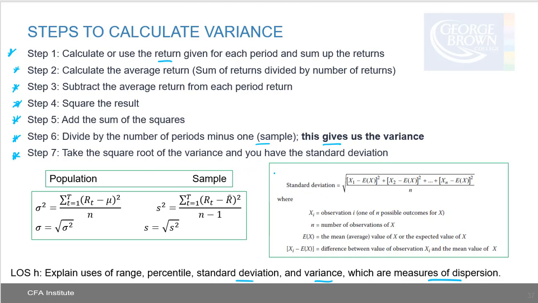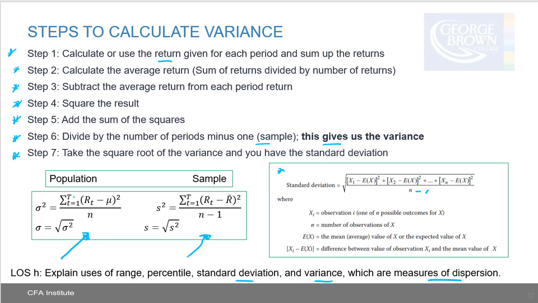So here we have it from the textbook, the nomenclature. We can see that standard deviation is equal to the square root of the sum of the returns minus the average return, squared, divided by n. It's not a sample, they're using a population. If it was a sample, it would be n minus 1, okay? But let's not worry about that. So here you can see it's just another nomenclature, and this is one of the difficulties if you don't have a strong background in math, that sometimes you can see different formats.